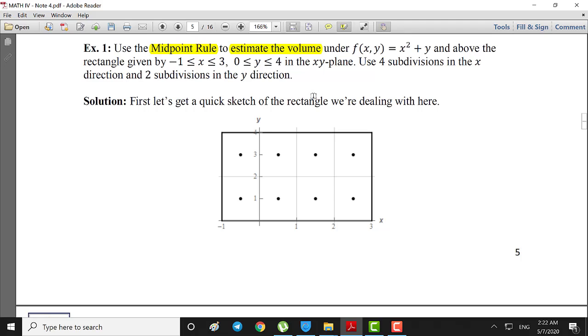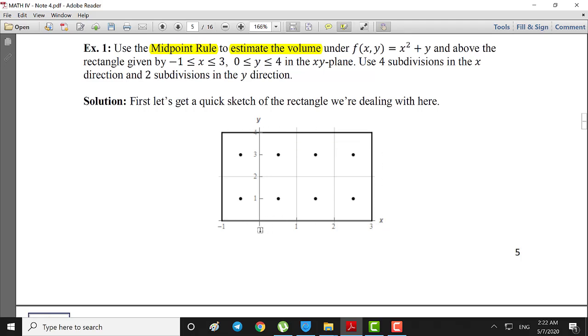Let's first get a quick sketch of the rectangle we are dealing with, and this figure at the end of page 5 is going to give you the sketch. X changes from -1 to 3, y changes from 0 to 4, and this is the rectangle that you have.